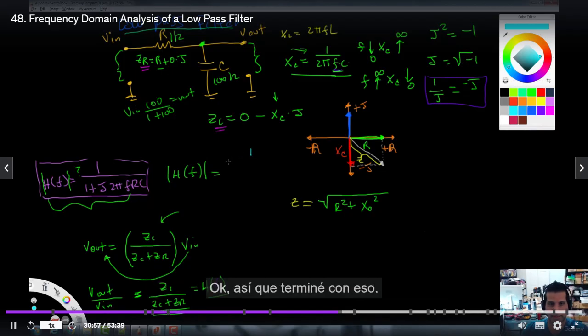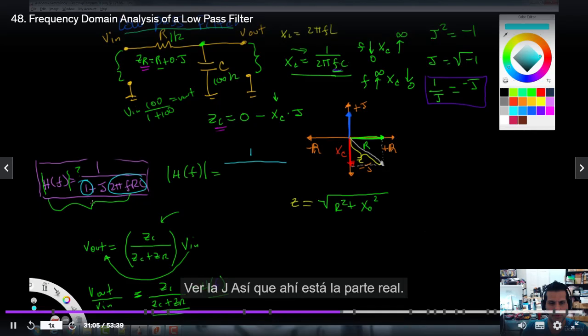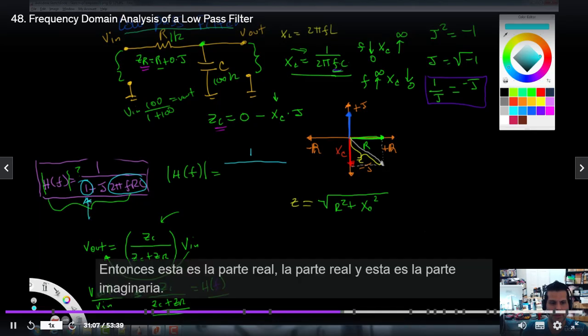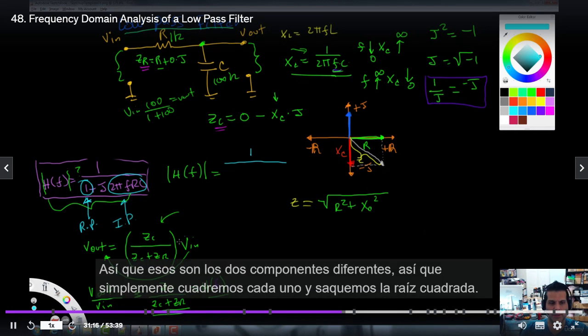The denominator has a real part and an imaginary part. See the j? So this is the real part, and this is the imaginary part. Those are the two components, so let's square each and take the square root.